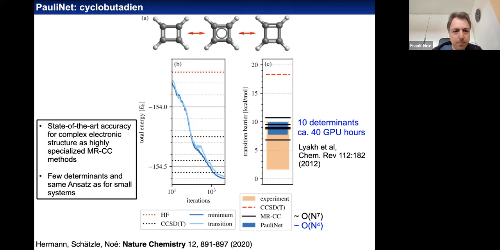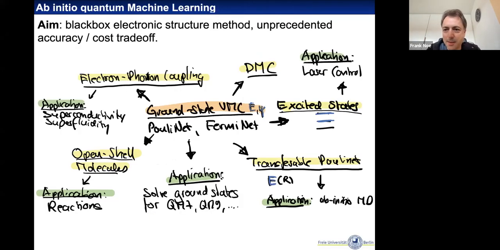So currently we are extending this framework in various directions. So we're working on excited states as well, on a transferable network that can essentially variationally optimize entire potential energy surfaces, and on various applications, especially to systems that have non-standard Hamiltonians, for example, electron-photon coupling, where you can write down the Hamiltonian, but there's not a lot of expertise and not a lot of code available to solve these systems.